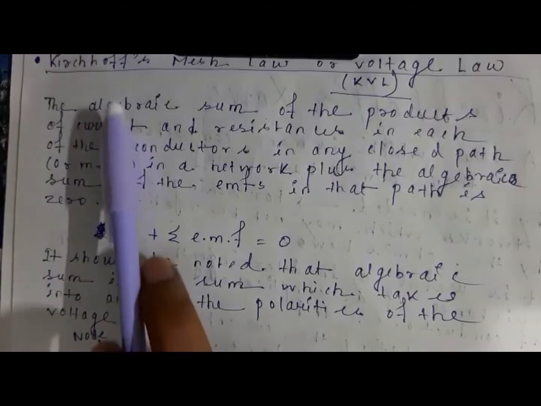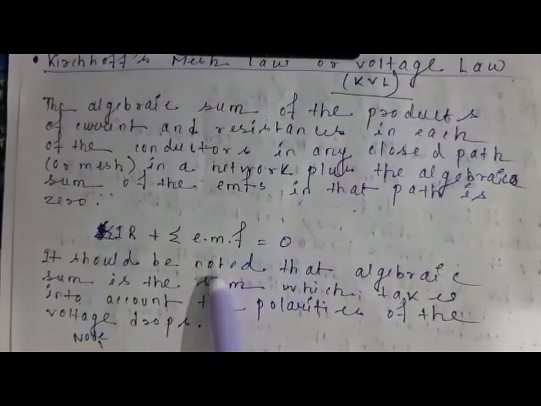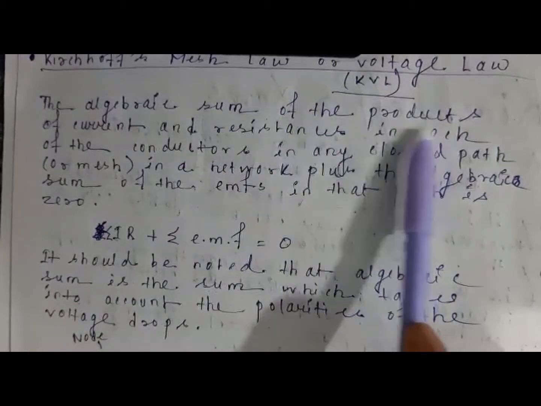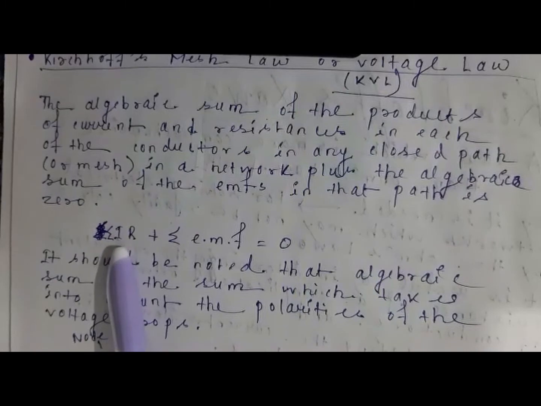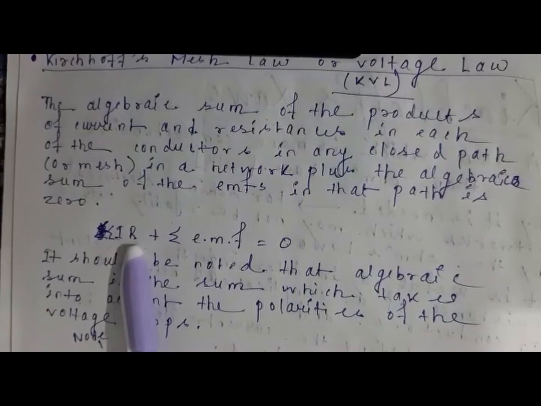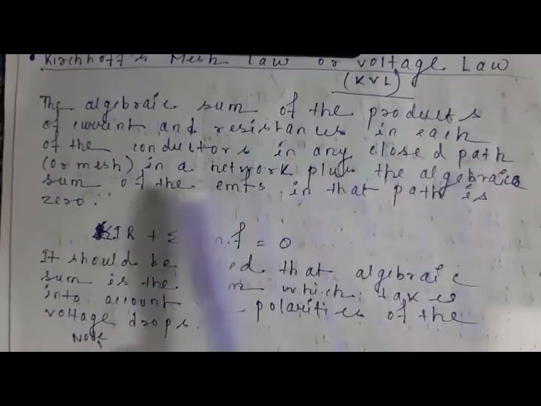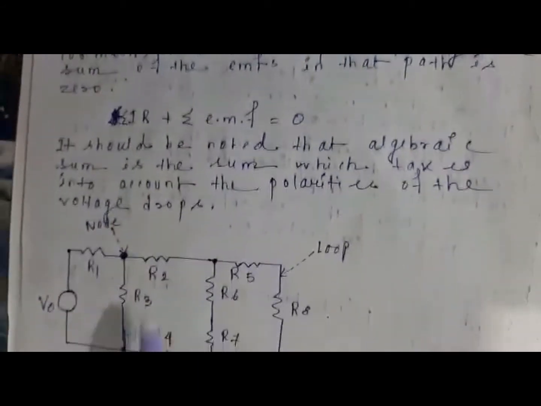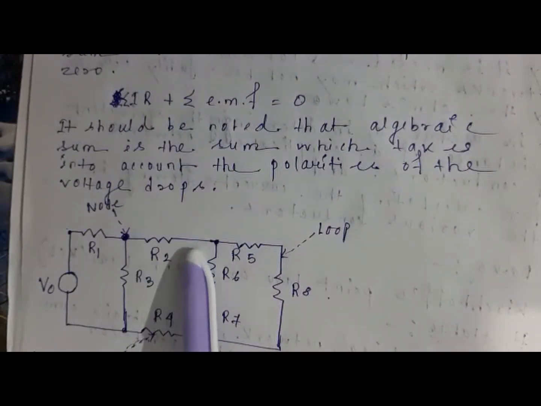Okay, so Kirchhoff's mesh law or voltage law, KVL. This is the second law of Kirchhoff. Now, what does this law state? The algebraic sum of the products of currents and resistances, you see this summation of current and resistance, in each of the conductors in any closed path or mesh, plus the algebraic sum of the EMFs in that path is 0. Suppose in this diagram, this is the closed path, or you can say mesh.